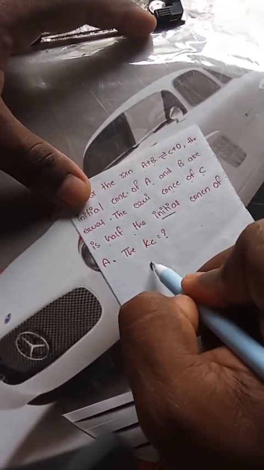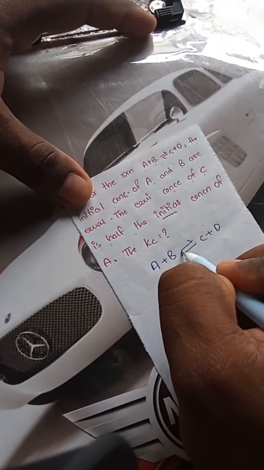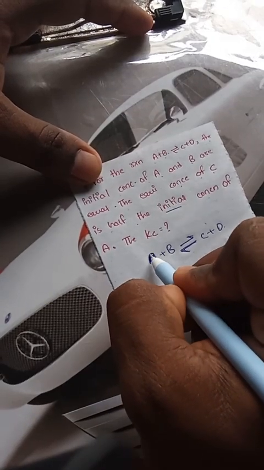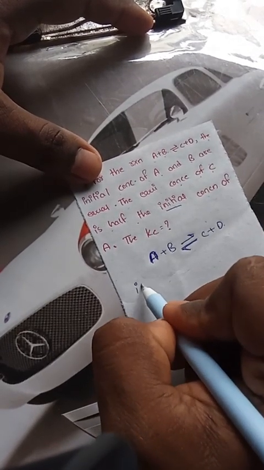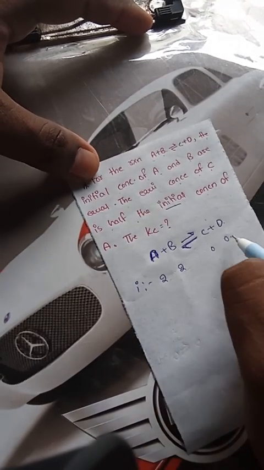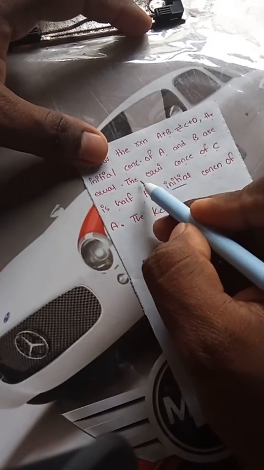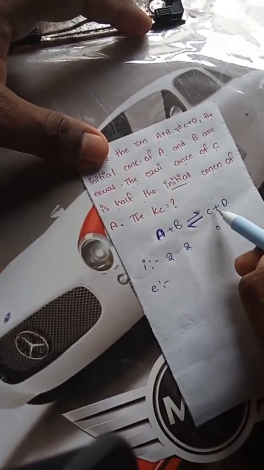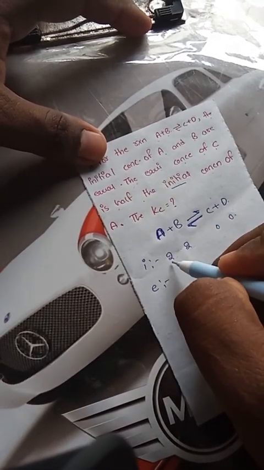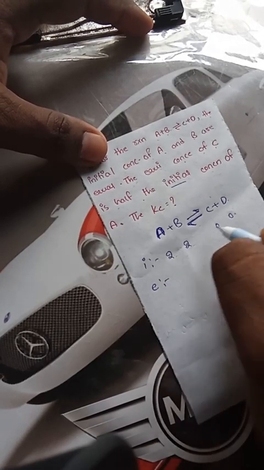Well, let's write down the equation first. A plus B giving rise to C plus D. I'm going to take simple numbers for this. So let me take 2. Initially A and B are equal, so I'm going to take 2 and 2, and C and D are zeros. Next, the equilibrium concentration of C is half the initial concentration of A. Half of the 2, we get 1.